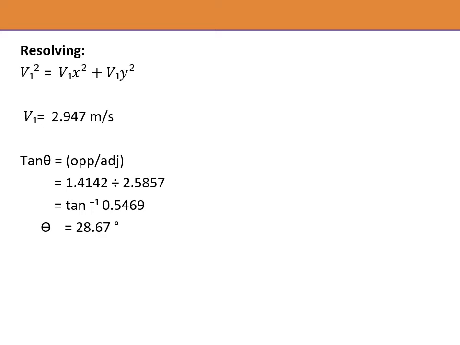So you can round this up, and say the velocity is 2.947 meters per second. By using tangent theta equals opposite over adjacent, you can find the angle. So this is your answer: the white ball is moving with 2.947 meters per second velocity in the direction of 28.67 degrees.